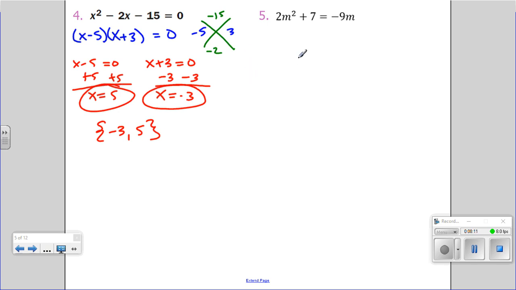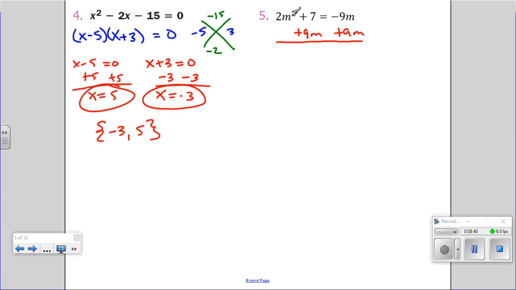For number 5, it says 2m squared plus 7 equals negative 9m. So the first thing we have to do is get it to equal 0 by adding 9m to both sides. Your goal if you have to move terms to equal it to 0 is leave the leading term positive.